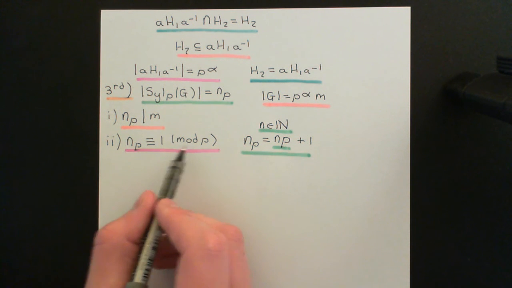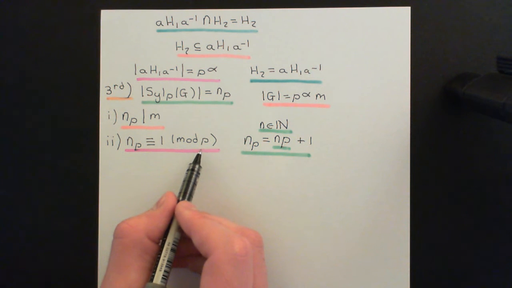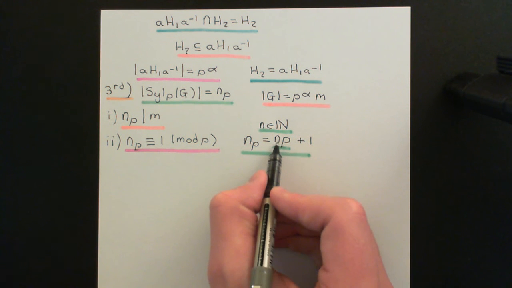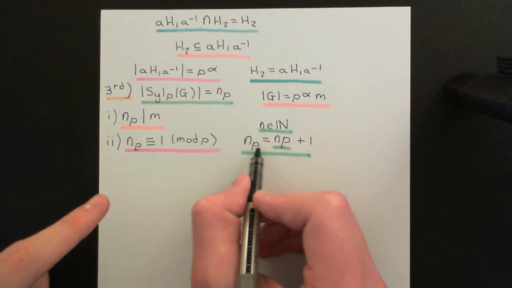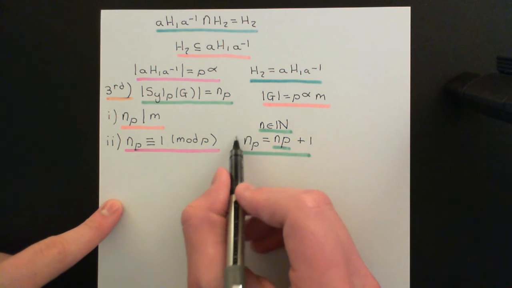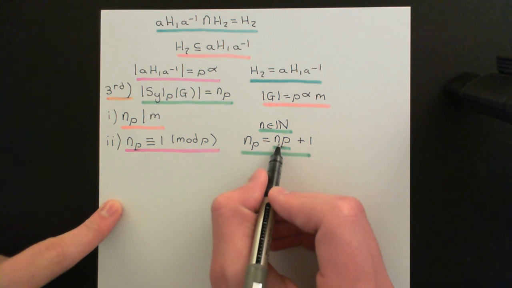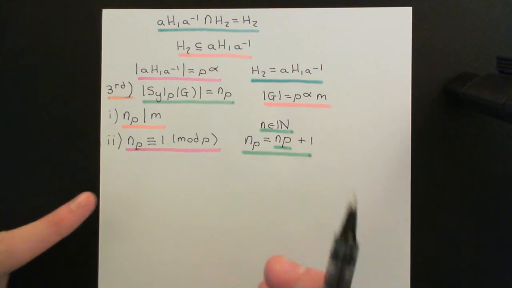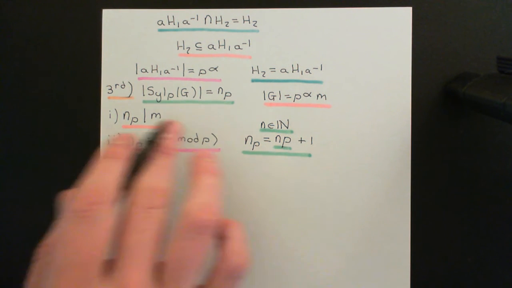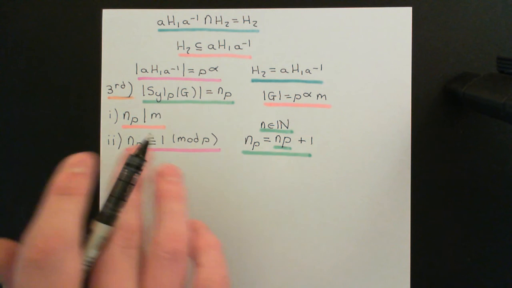More strictly speaking, when you say that something's congruent to 1 modulo p, this could actually be any integer multiple of p. Okay, but logically here we are talking about a positive integer here. Okay, so this must be a positive integer multiple of p that we're going to have here. Okay, but more strictly talking about what this actually says, i.e.